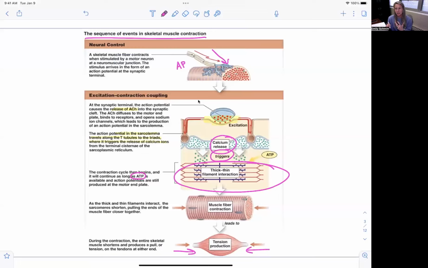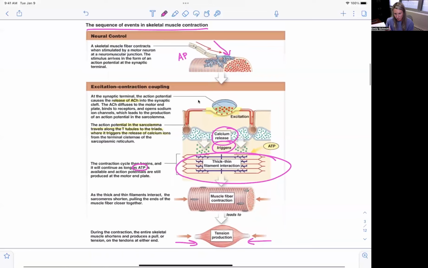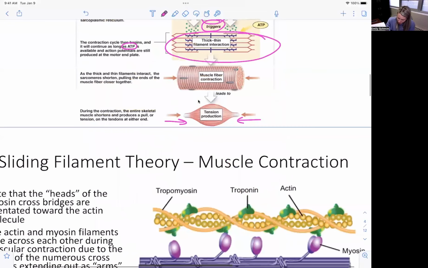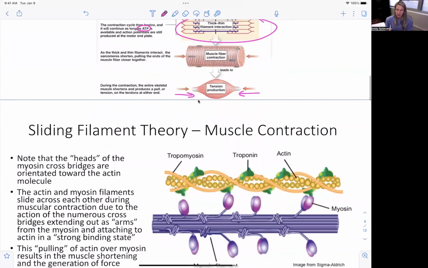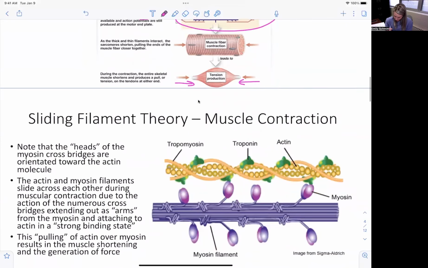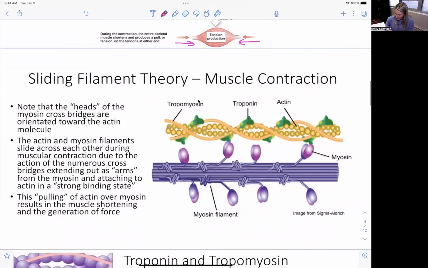Hopefully this isn't anything too new that you remember from Human Systems Phys or a previous class, but this was the sequence of events in skeletal muscle contraction. The sliding filament theory, also known as muscle contraction, is actin and myosin working together, pushing and pulling, so that we produce this shortening.